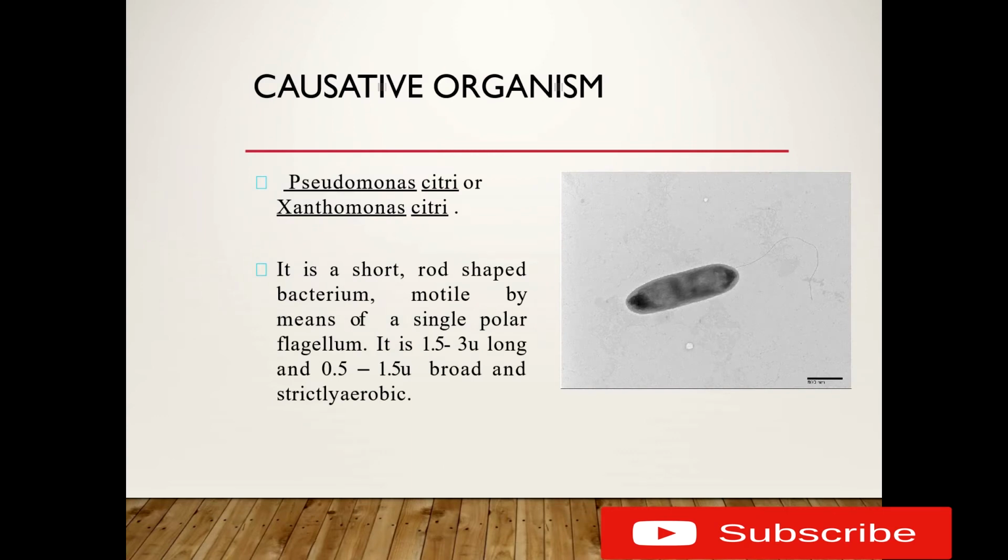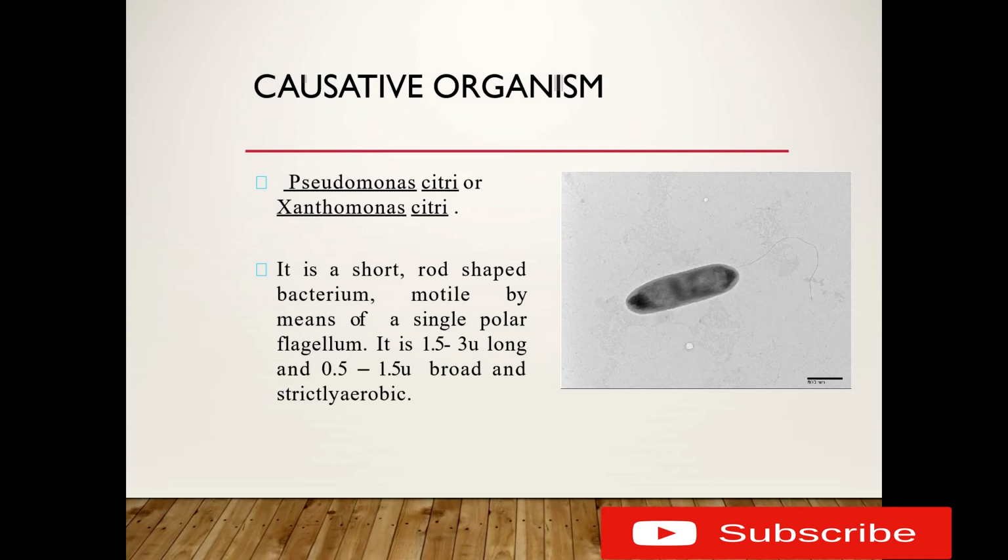The causative organism for citrus canker is Pseudomonas citrae or Xanthomonas citrae, which is a short rod-shaped bacterium which is motile, which means it has flagella. Its dimensions are about 1.5 to 3 micrometers long and 0.5 to 1.5 micrometers broad, and it is an aerobic organism.